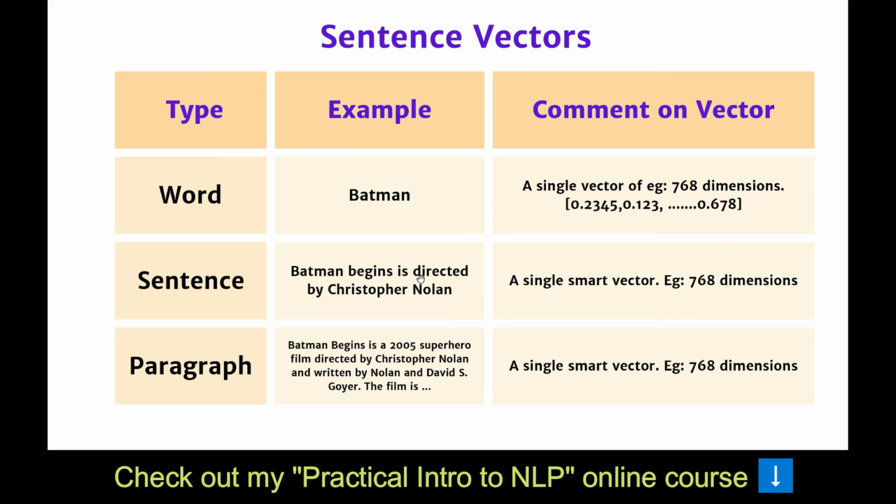Whereas when it comes to sentence vectors, what happens is that, for example, a given word like directed does not independently have a vector of its own. Rather, the directed vector comes from a combination of all the surrounding words to the left and right of this.